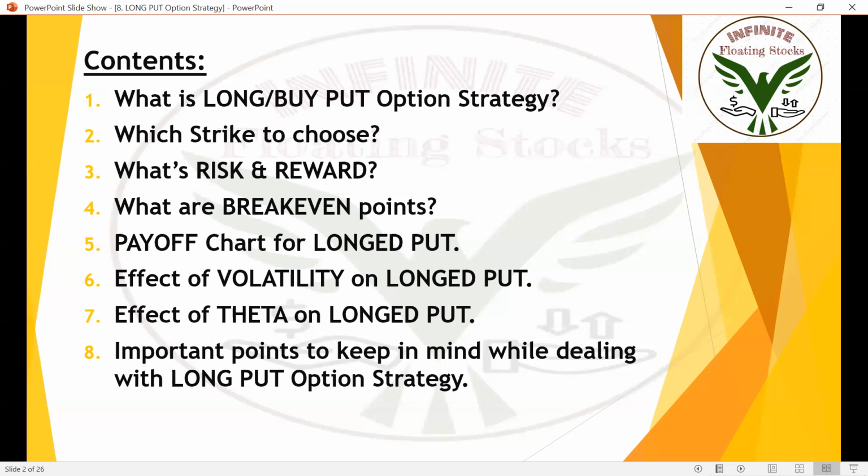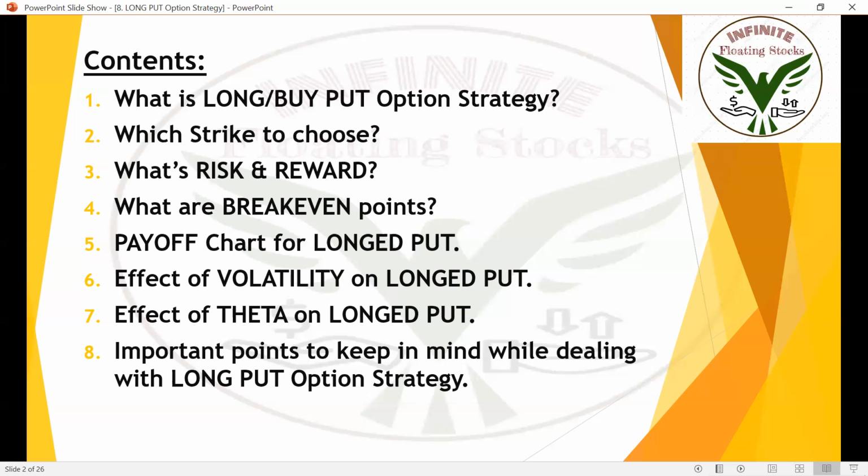And we'll be discussing the effect of theta, which is nothing but time decay. In our last session, I told you that if your target is achieved late, if your target is taking more time, then time decay happens, which is nothing but theta having a negative value.